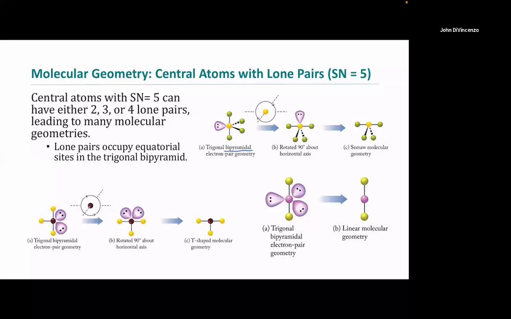So by pulling off an equatorial one, I'm only 90 degrees from 2 of the attached atoms, and I'm 120 from the others. So that's why when you have a lone pair, you get it from the equatorial position. I just want to see what the book seems to be confusing here. Why they say 1? Why they say 2, 3?